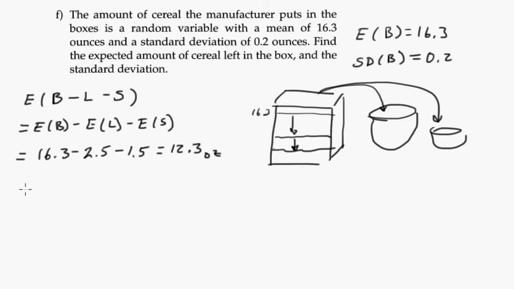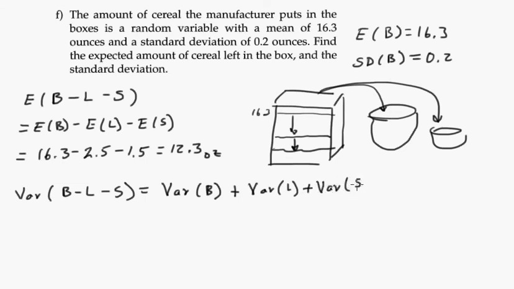Now, but that's not the fun part. The fun part is the standard deviation. So let's start with the variance. The variance of the box minus L minus S is going to be the variance of the box plus, remember variances add, plus the variance of the large plus the variance of the small. So that's going to be 0.2 squared plus 0.3 squared plus, oh, I think I switched it.